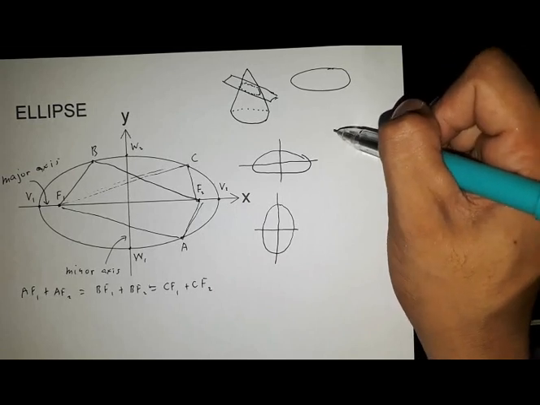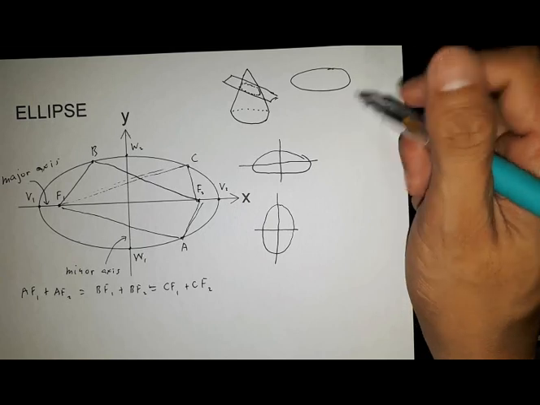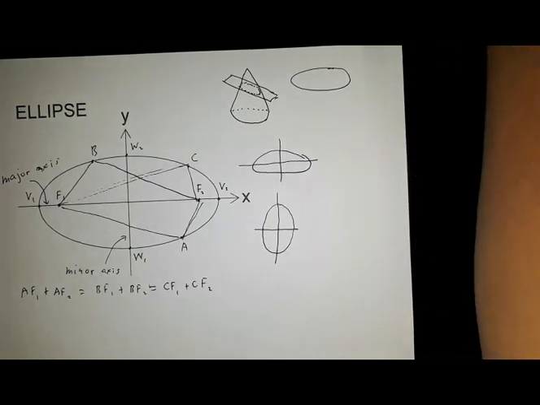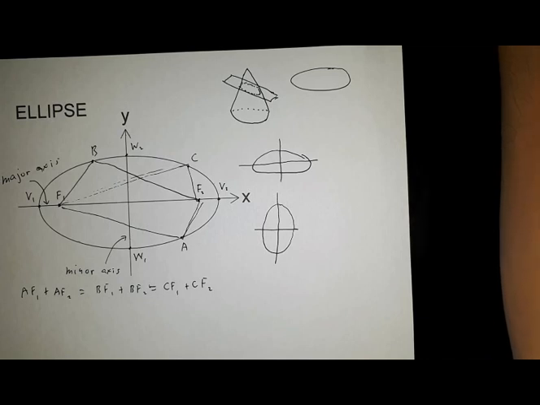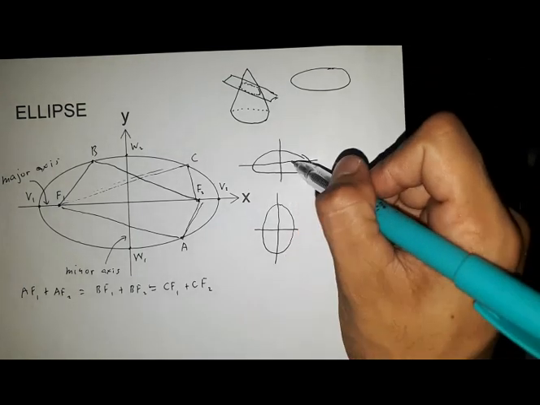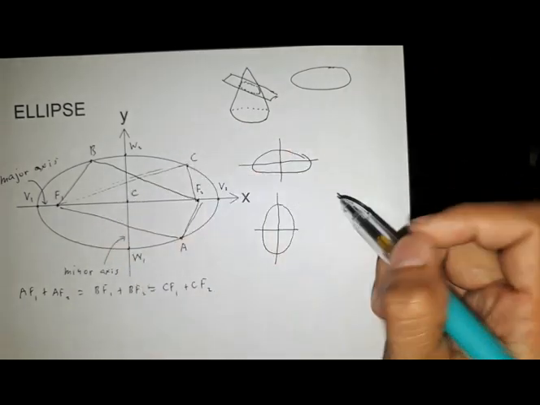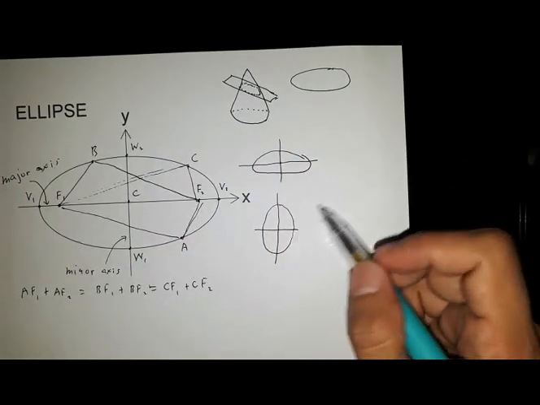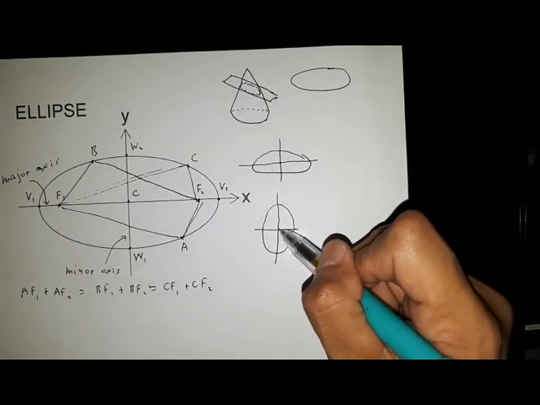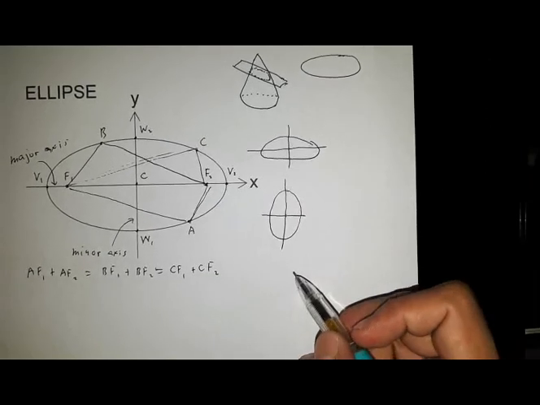the vertices or the foci could either be located at the origin or the center. So we have the center here. This is the center of the ellipse. So the center could either be located at the origin or at (h, k).